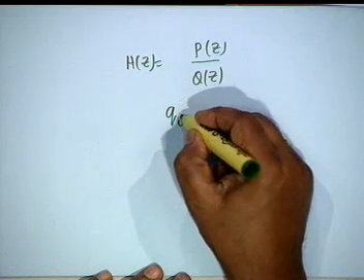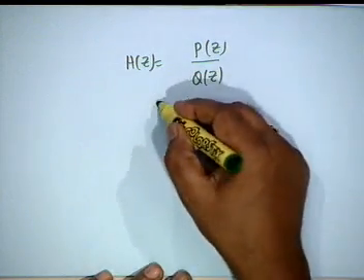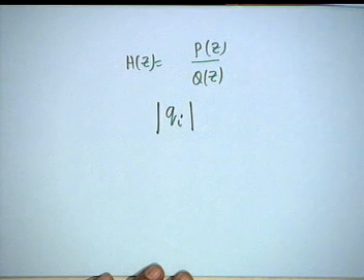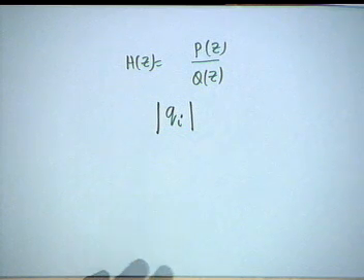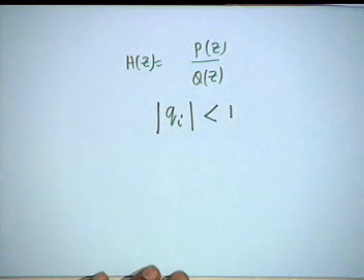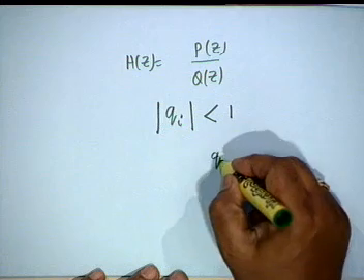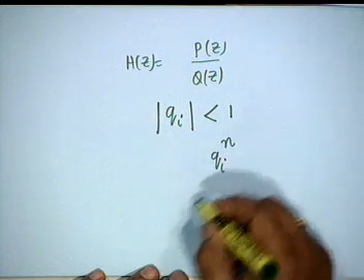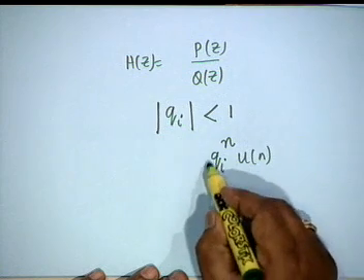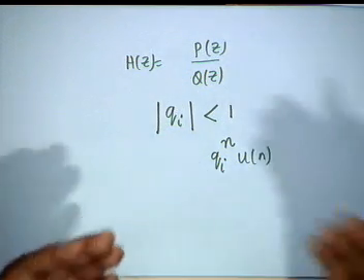But the important point is that if q i is one of the poles, then the magnitude of q i must be bounded by unity. What is the logic? Because the impulse response will be of the form q i to the power n u of n, and if q i magnitude is not bounded by unity, then it grows without limit.